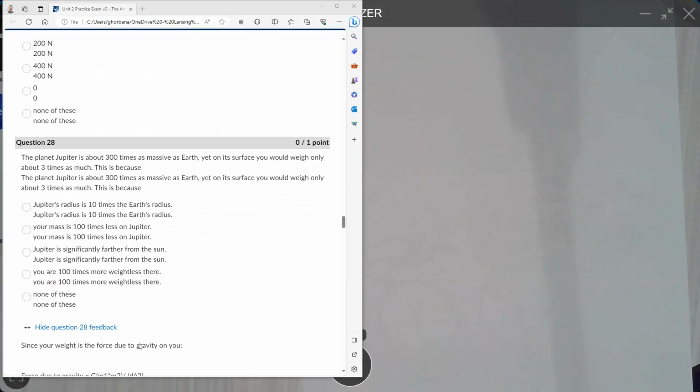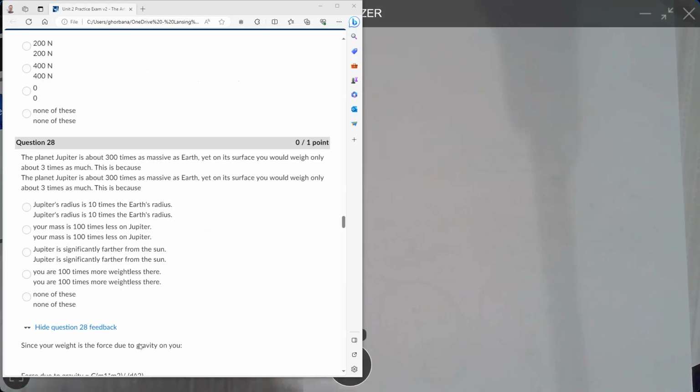Yet on its surface, you would weigh only about 3 times as much as on Earth, because Jupiter's radius is 10 times that of the Earth. Your mass stays the same, but Jupiter is significantly farther from its center, so you are more weightless.